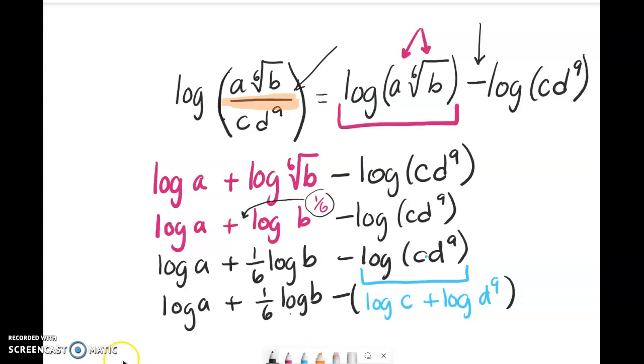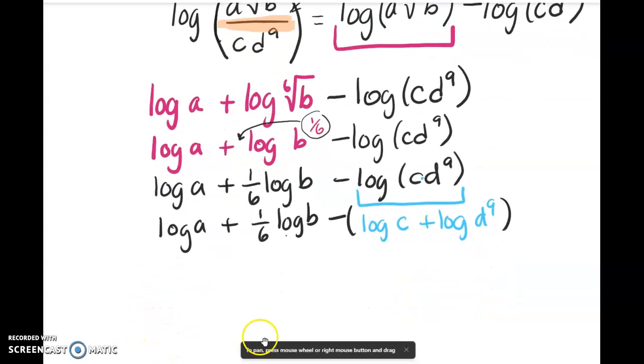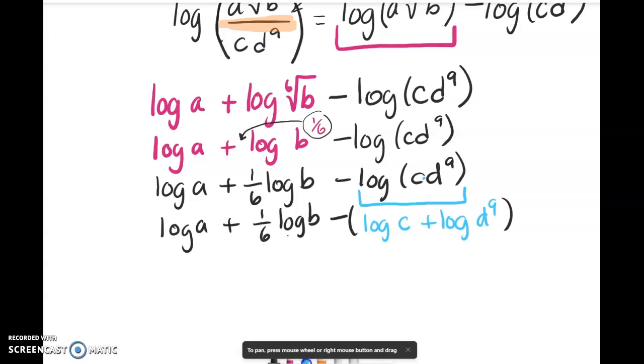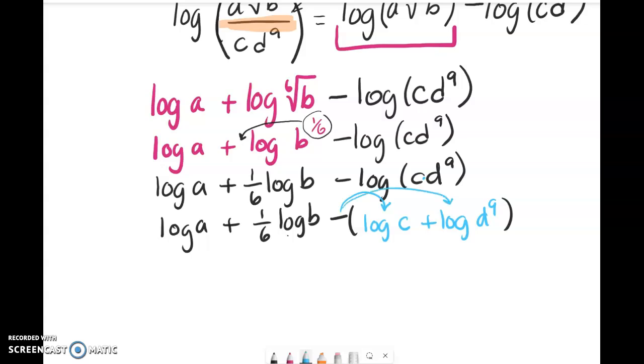Now you'll notice that I put this in parentheses. The reason is because it's subtracting this whole thing, not just the first part. So I have to remember that I'm subtracting both this and this. I'm distributing that minus to both of these.